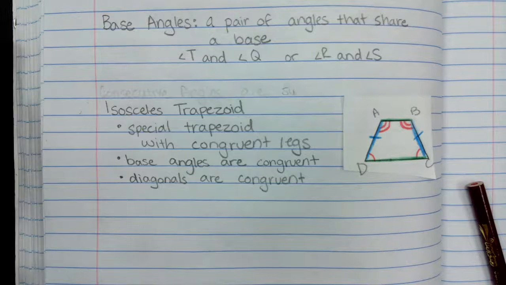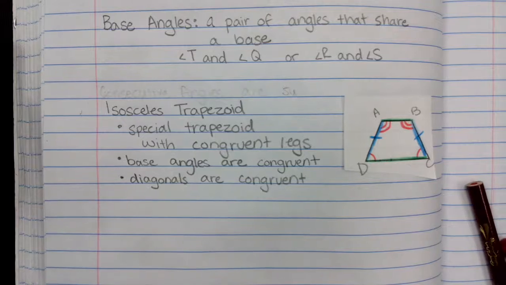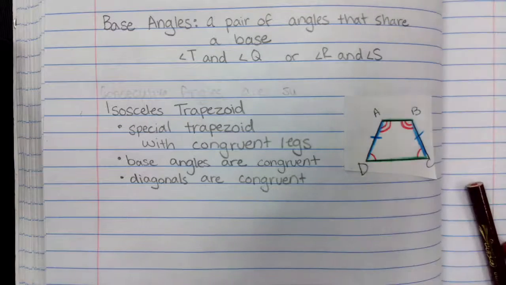We don't have the diagonals drawn in on this one, but I think you guys have one that is, so let's just glue that in real quick. That's that QRST. We're going to do a couple examples with this QRST.